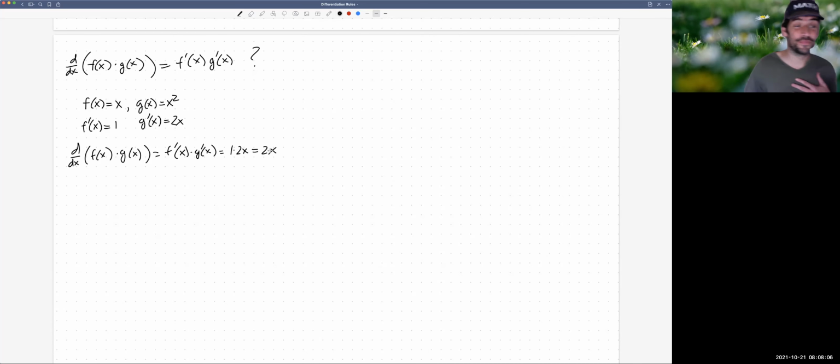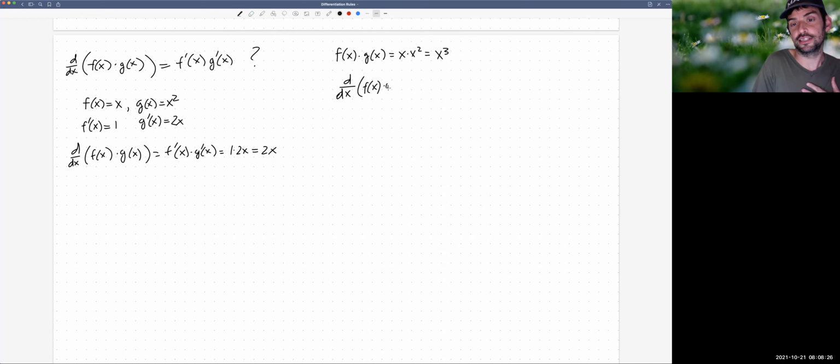That would be simple. However, f of x times g of x is x times x squared, which is x cubed.